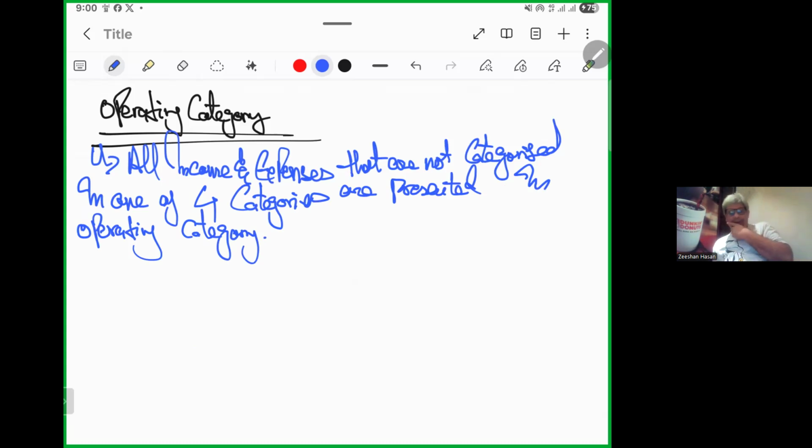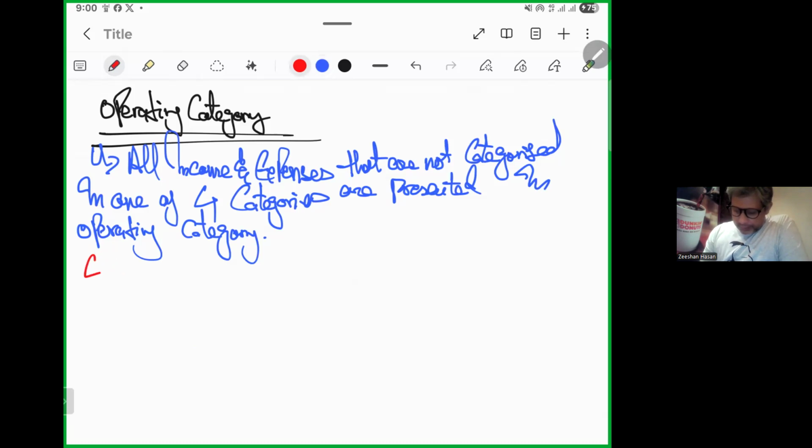Practically, this should include revenue and expenses associated with the normal trading activities such as the cost of goods sold, salaries, and other general administrative and selling expenses. It also includes amounts related to property, plant, and equipment such as depreciation, impairment losses, profit or loss on disposal, etc.